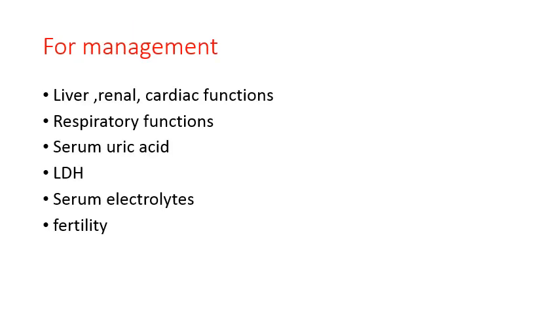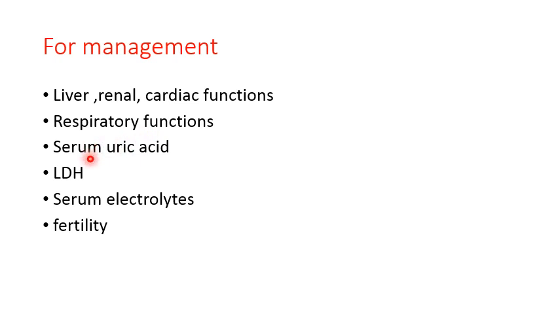And there are certain investigations required for the management of this disease. These patients will be treated with various chemotherapeutic agents which are cardiotoxic, liver toxic and renal toxic. So before you start treatment, you have to do liver, renal and cardiac profiles. There are also certain drugs like bleomycin that can cause pulmonary fibrosis, so it's important to do respiratory function tests.